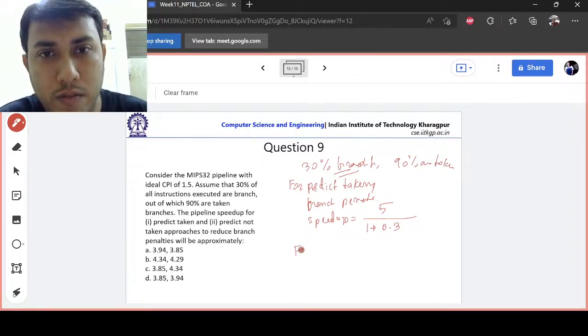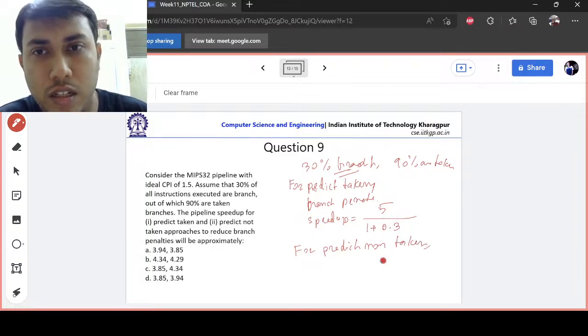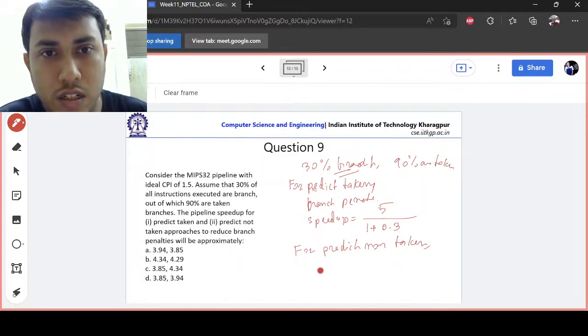And for predict non taken, branch penalty will again be 1.